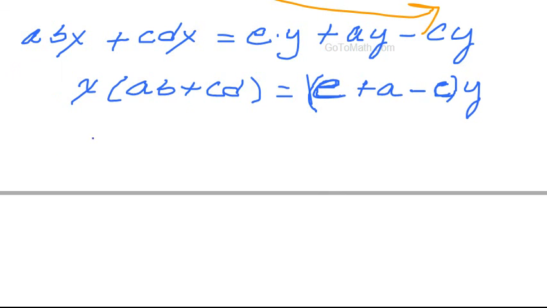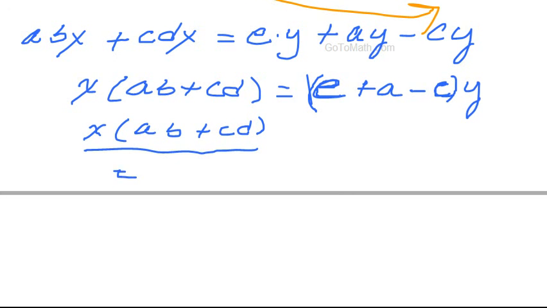Okay? Alright, so let's go ahead, rewrite AB plus CD over E plus A minus C. And even after telling you that, I actually looked at that and I almost wrote an E. So watch out for that.